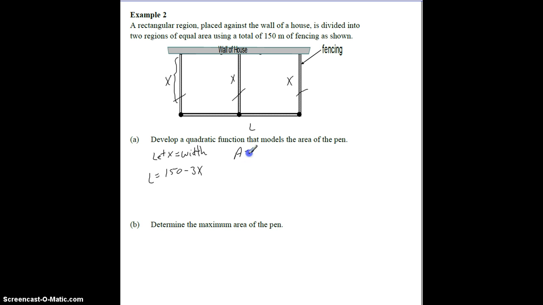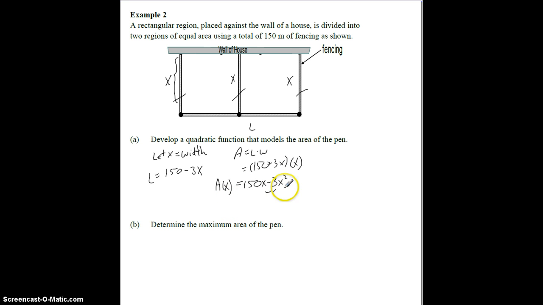So area is length times width, or 150 subtract 3x times x. 150x subtract 3x squared. So our area in terms of x is given by this equation.